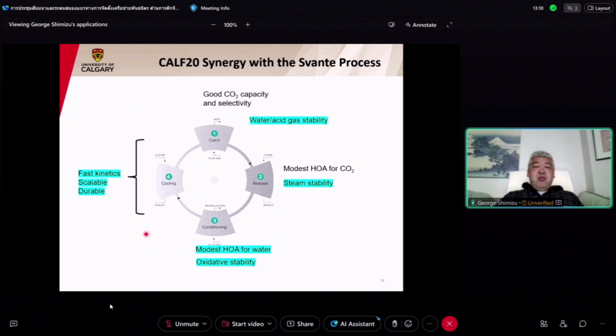And an important thing I'll point out in terms of assessing the material: all these things that I'm highlighting in blue are very important, but they don't have anything to do with the carbon dioxide capacity or the isotherm. I think a lot of papers in this area seem to regard this as the most important thing, and it's just one factor.